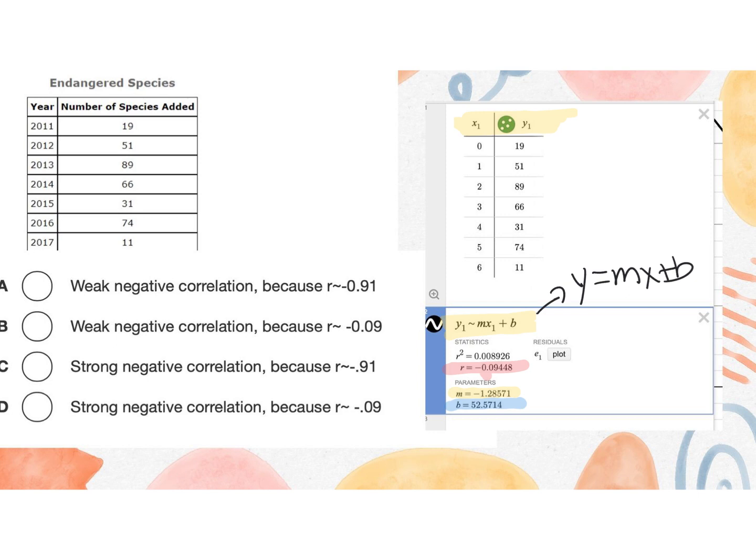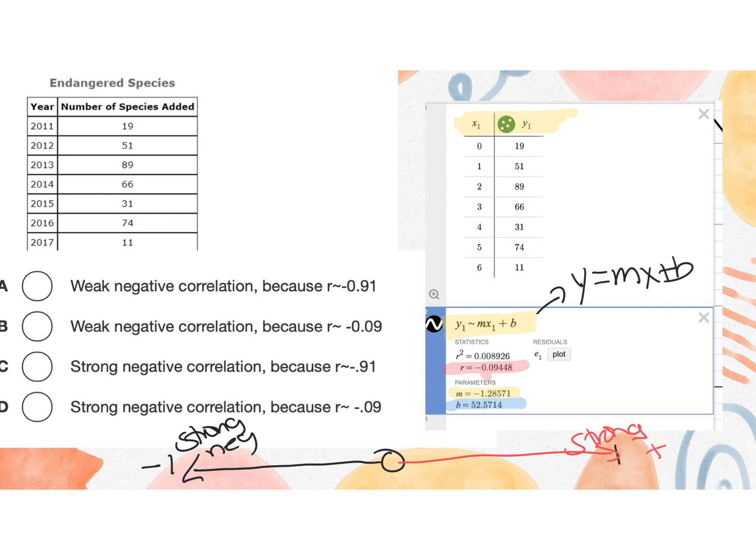Okay, remember our correlation coefficient goes anywhere from -1 to +1 with 0 in the middle. The closer that we get to that -1 is a strong negative correlation. The closer that we get to that +1 is a strong positive.